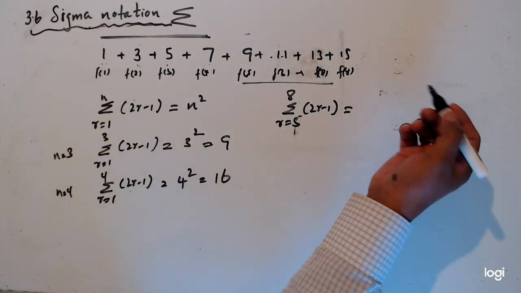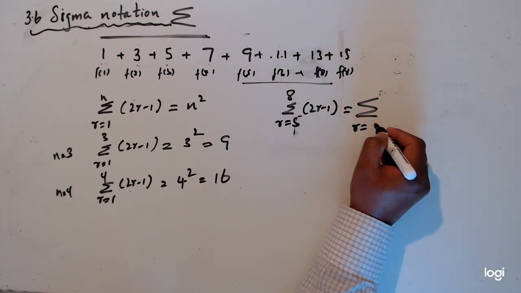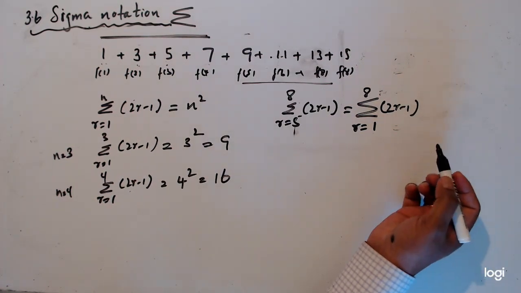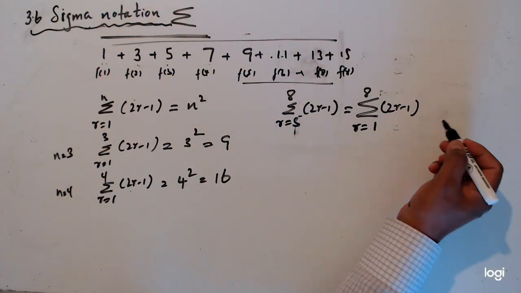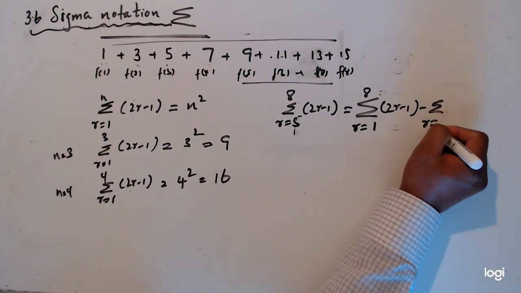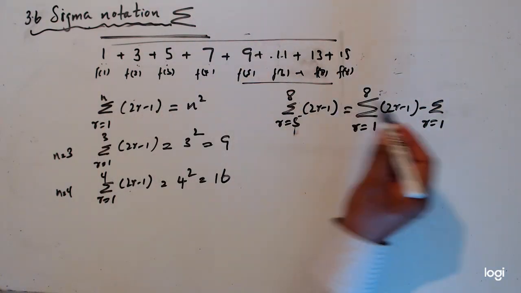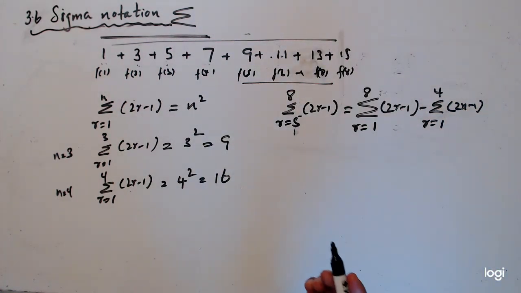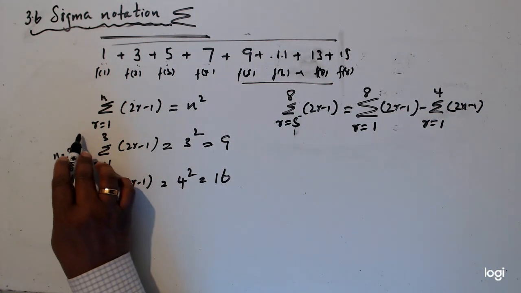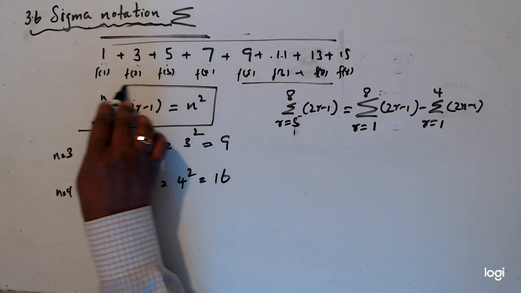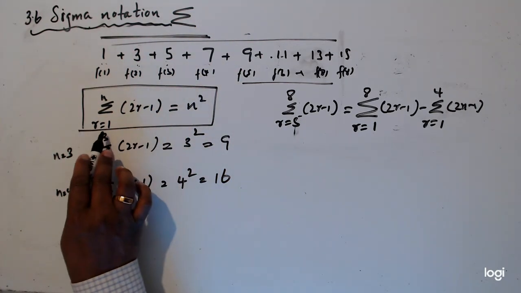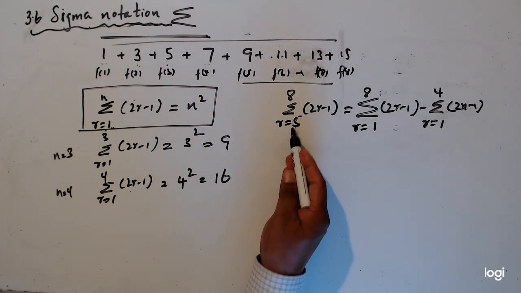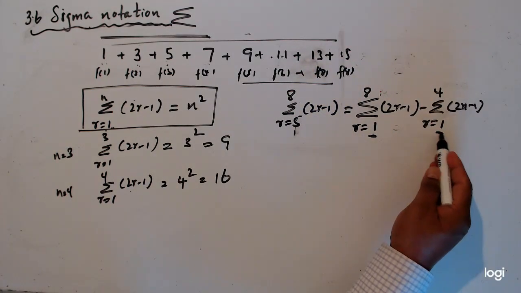So instead of that I can do r equal 1 to 8 of 2r minus 1 up to here, and then minus r equal 1 to 4 of 2r minus 1. Because we have a simple rule, we have a formula. I can easily find the addition from 1, not from any other number. That's why I wrote this 5 to 8 in terms of starting with 1.